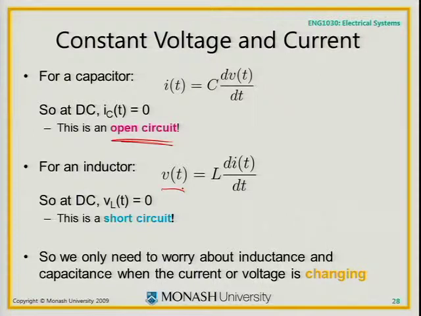V equals 0 is a short circuit. Why would an inductor be a short circuit? Well, it's just a piece of wire, happens to be wrapped around in a coil shape, but once everything's settled down, it's a piece of wire. So it's a short circuit to DC. A capacitor, two plates with something that doesn't conduct in between, it's an open circuit to DC.